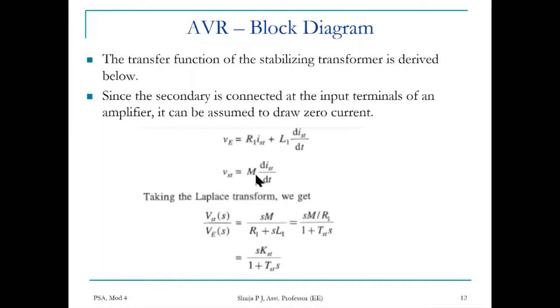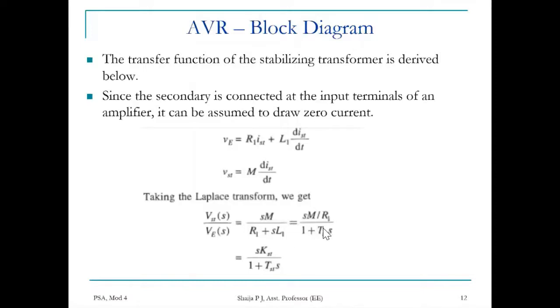You can take the Laplace transform of the two equations, VST of S and VE of S. Taking the ratio of that, you get VST of S by VE of S equal to SM divided by R1 plus L1S. That can be rearranged to SM by R1 divided by 1 plus S into L1 by R1.